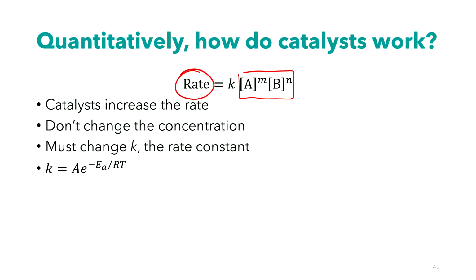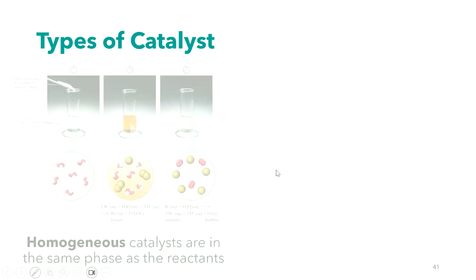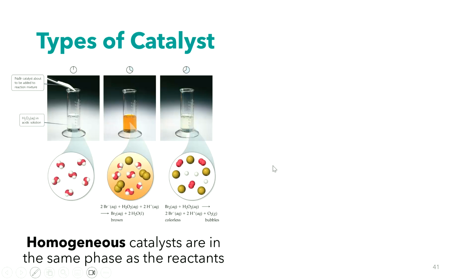It's making K bigger, right? And it's doing that by making this smaller. Catalysts make that smaller. So you can sit with a calculator and prove to yourself that that's true. And then the very last thing you need to know is that we classify catalysts into two different types.